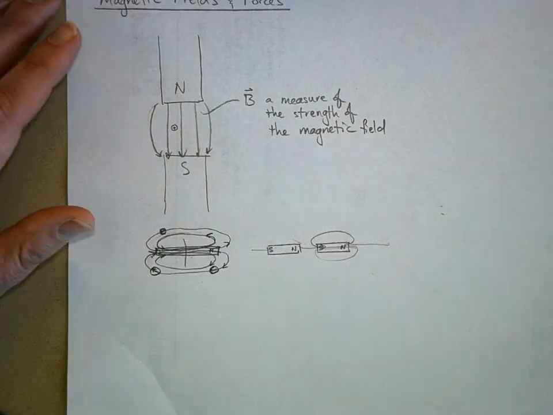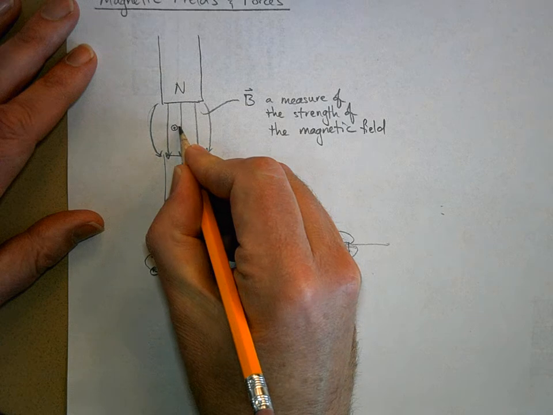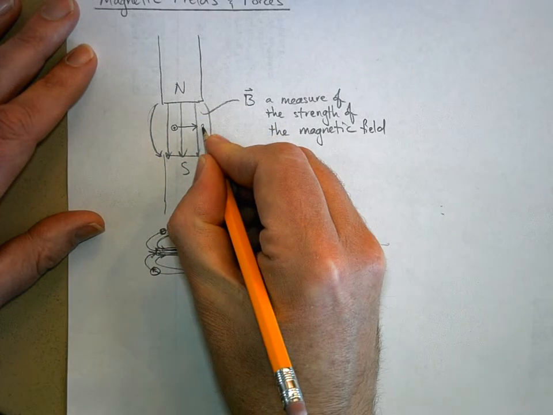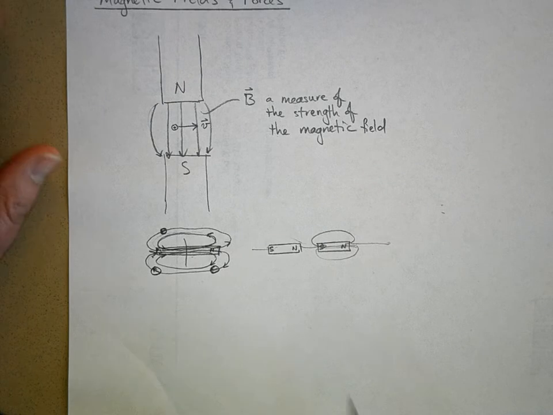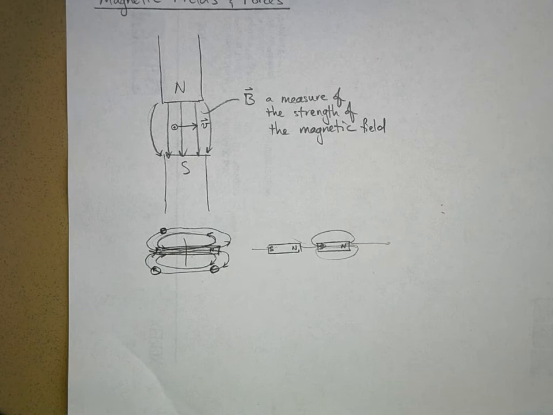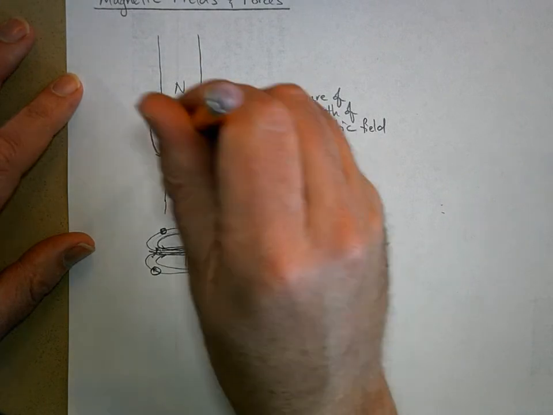And you really have to think about vectors. You have to think in three-dimensional space now with vectors. Suppose this little charged particle had a velocity and it was moving perpendicular to the magnetic field. It will feel a force, and the force that it feels, in this case, is going to be into the paper.